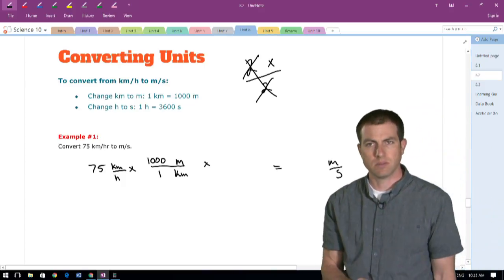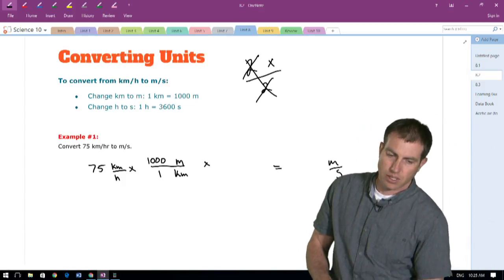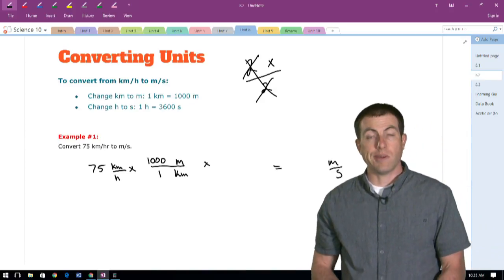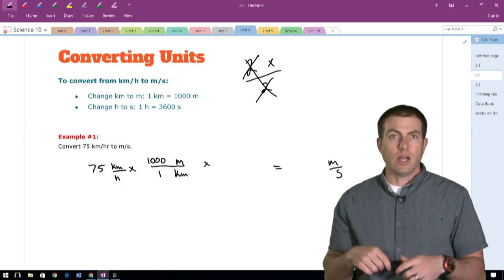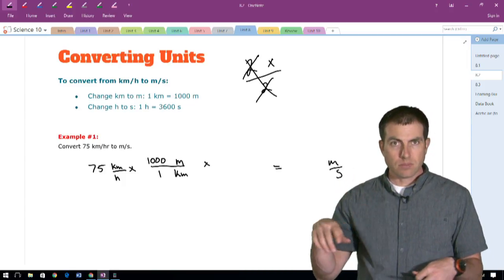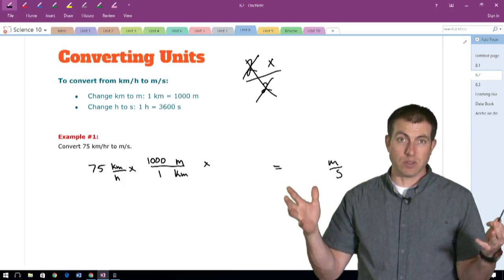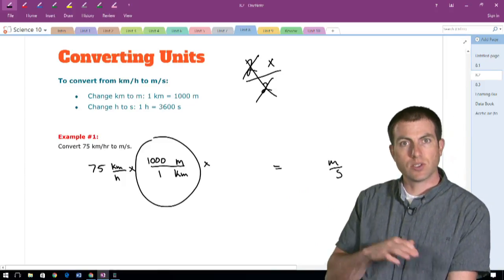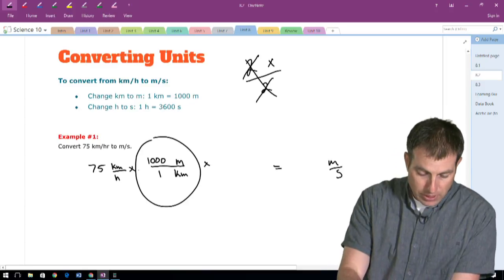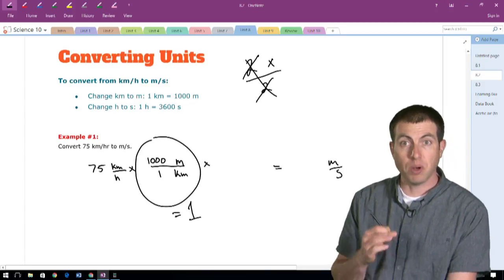Probably did. Pretty much guarantee we did, actually. So I have kilometers on the top, kilometers on the bottom. They're going to cancel out and just give me 1. I know that 1 kilometer is 1,000 meters. So if I just looked at this one thing in the circle, this just equals 1. So all I'm doing is multiplying by 1.